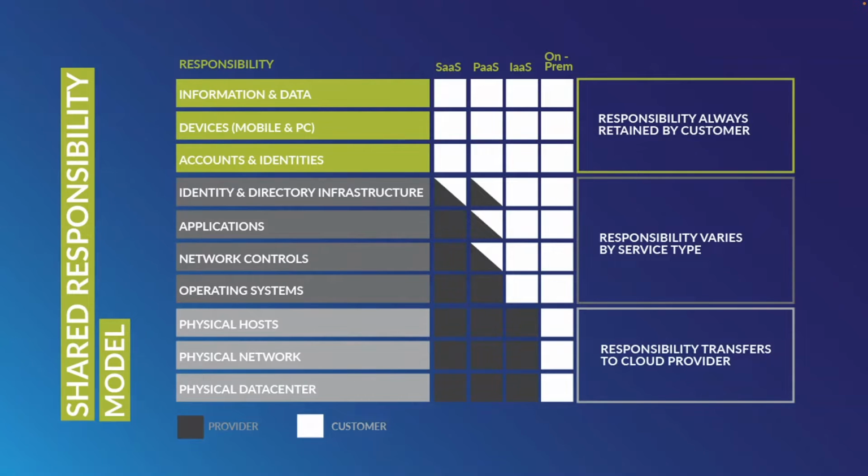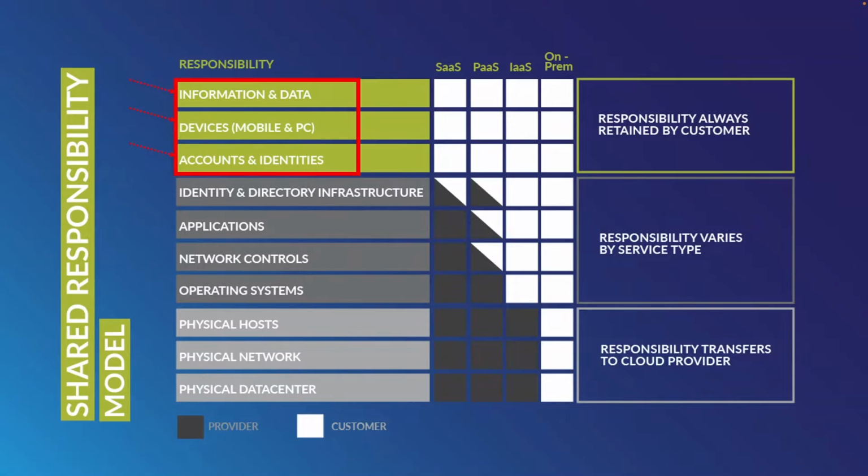Now if you look at the top side, all of the responsibility ends up being the customer's, regardless of where it sits. So you can have your information and data, all of your devices, your accounts and identities completely in the cloud, right? But what about the security around it?